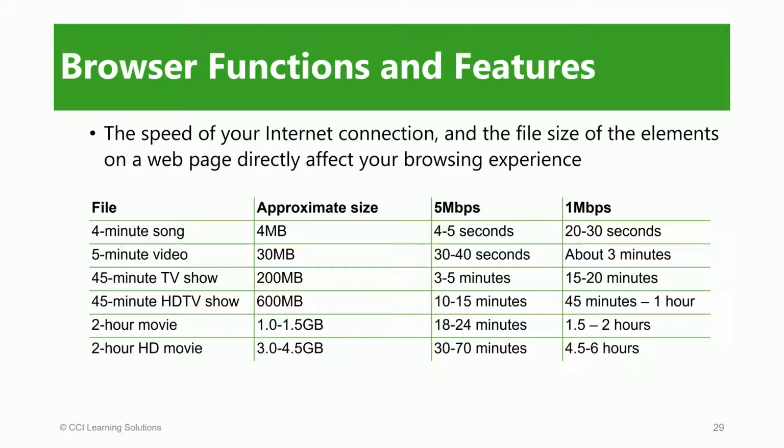A 5-minute video, a 30 megabyte file, can take 30 to 40 seconds, or about 3 minutes, and so on and so forth as you look through this table of various things.